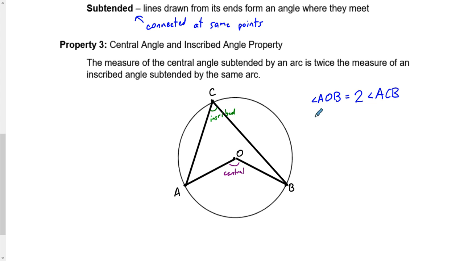We could say that if you cut angle AOB in half, it would be the exact same thing as angle ACB. So again, if we cut this angle in half, it'll be actually the same angle as here. And that's just how it's always going to be. It doesn't matter where this inscribed angle is. It could be here, it could be over here, it could be right there. It'll always be half the size of this central angle.